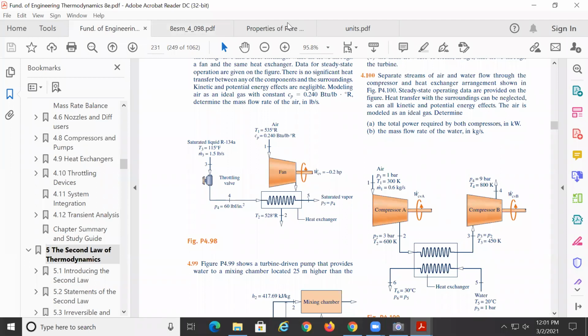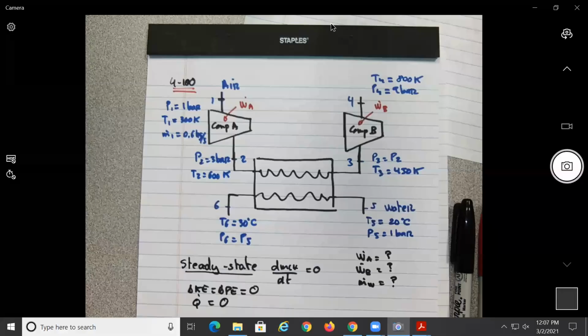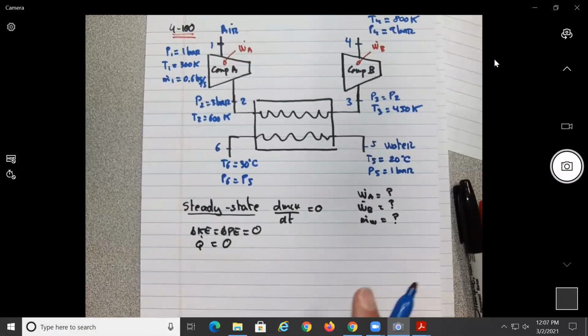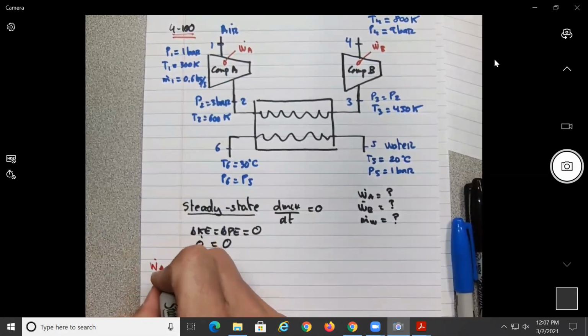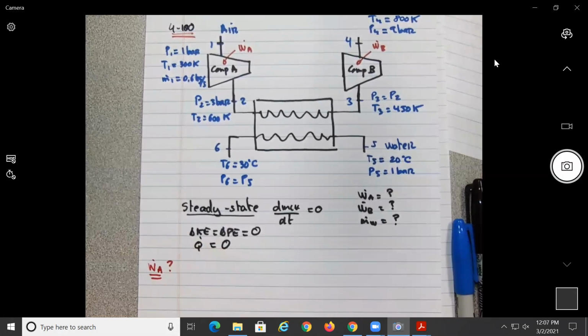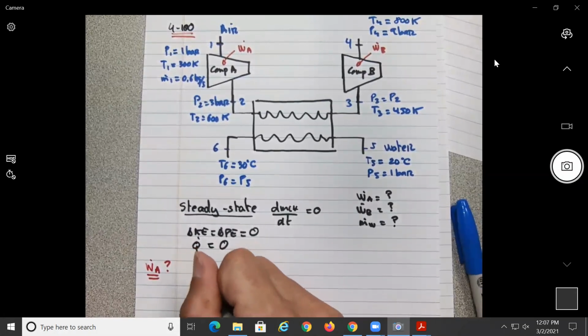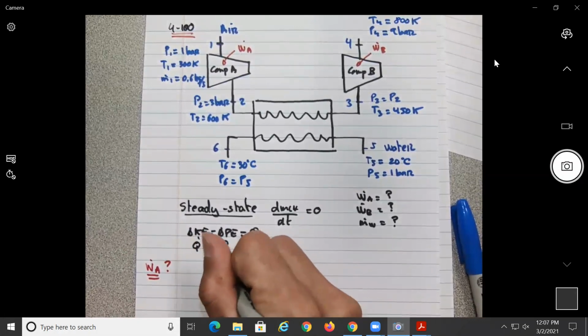Okay, guys, please copy this figure. Then I will give you the steps to solve it, but you will have to solve it on your own. For the first part, you need to find the power of A, the power required by A. For this one, what will be your control volume?